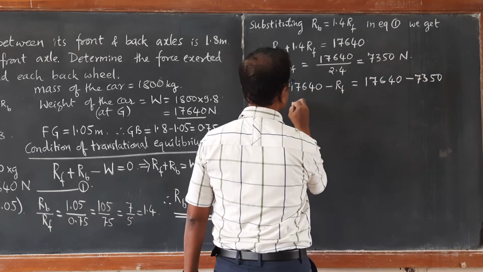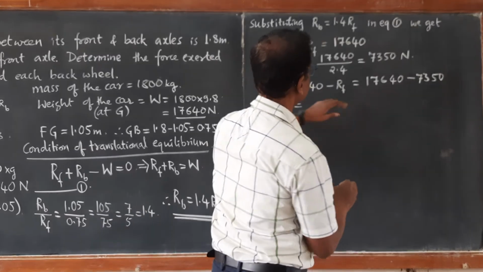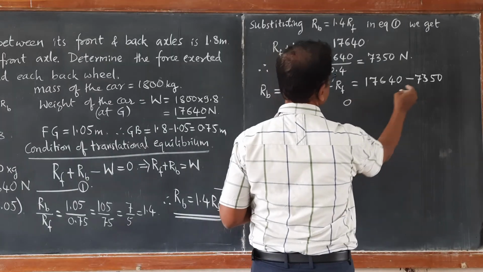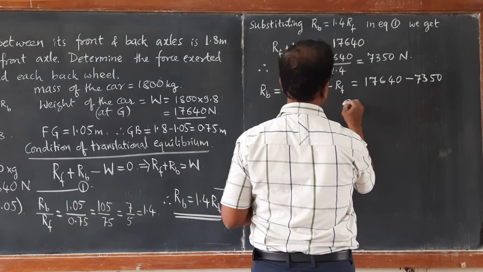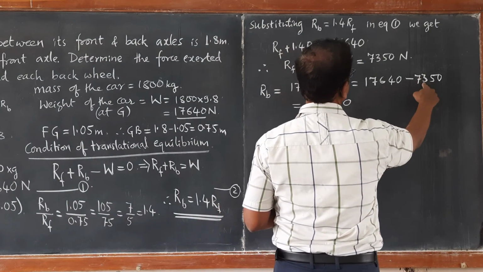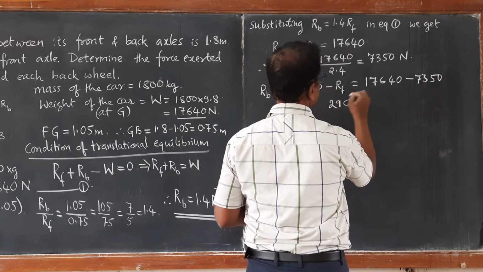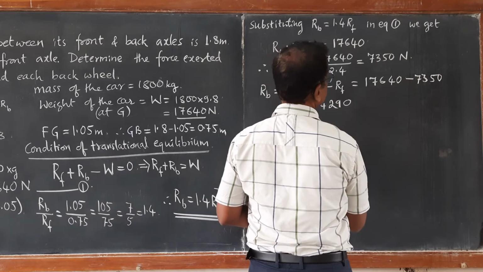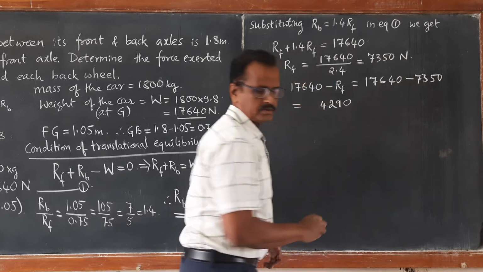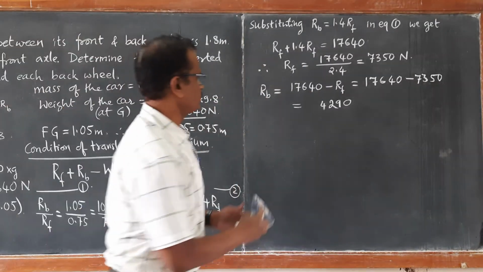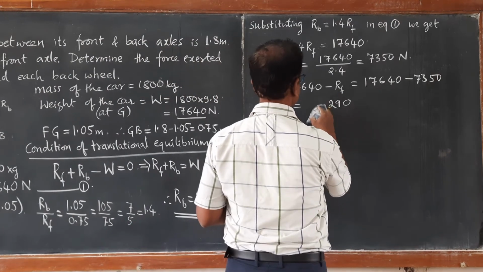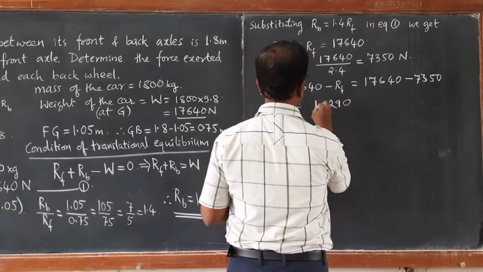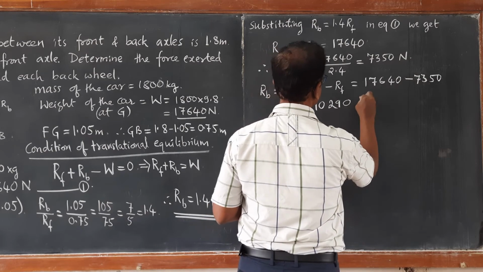If you simplify this, 14 minus 5, 9, carry 1, 6 minus 4, 2, 7 minus 3, 4, 7 minus 7, 0, 1 minus 0, so it comes out to be 10290 Newton.